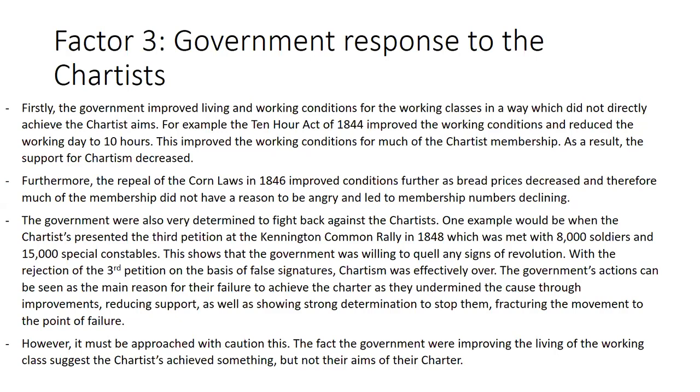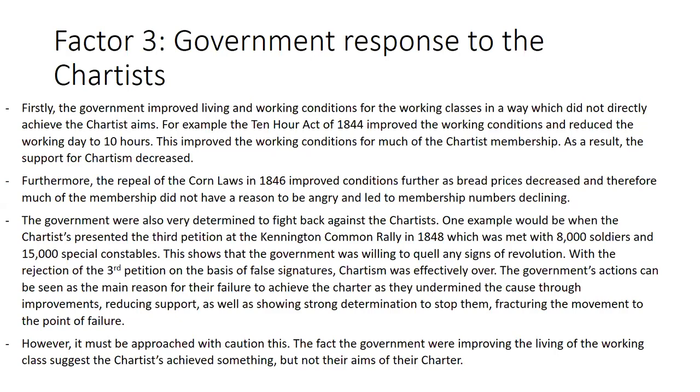In rejecting the third petition, remember there were 5 million fake signatures on this petition, and after that, Chartism was effectively over. The government's actions, both angry and appeasing, can be seen as one of the main reasons for the failure to achieve the Charter, as they undermined the cause through the improvements, reducing support, as well as showing strong determination to fracture the Chartist movement.